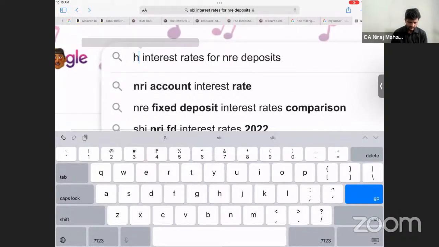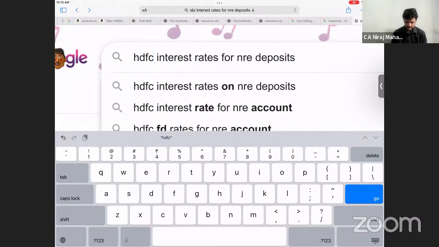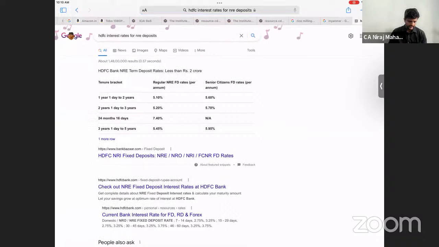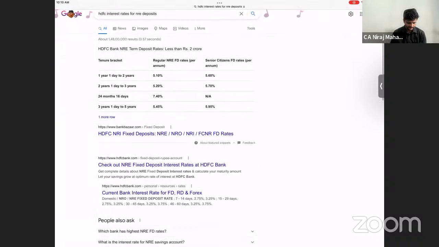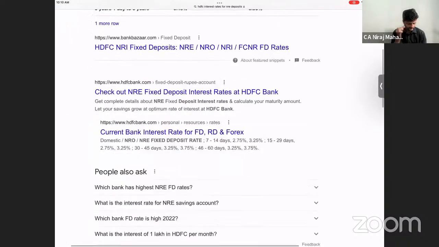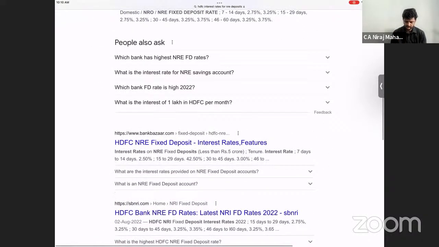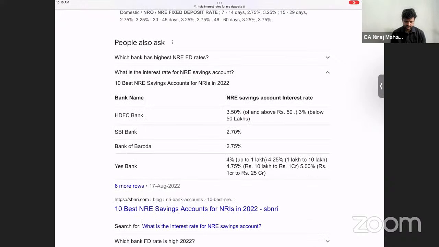Private banks give more, but that is still FD. Correct, 3.5%. I told you private gives you more. HDFC 3.5, SBI 2.7 around. But whatever, even if I average out, 3% is still there, right?